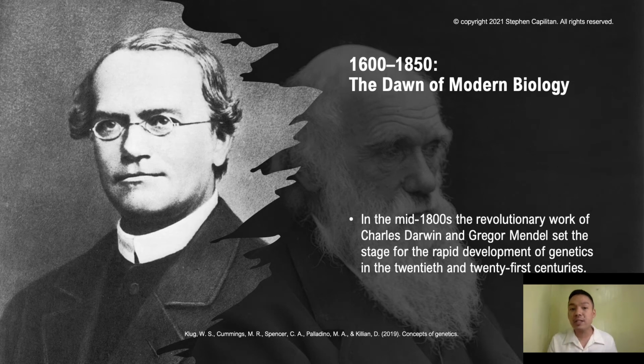In the 1600s to 1850s, the revolutionary work during the mid-1800s of Charles Darwin and Gregor Mendel set the stage for the rapid development of genetics in the 20th and the 21st centuries.